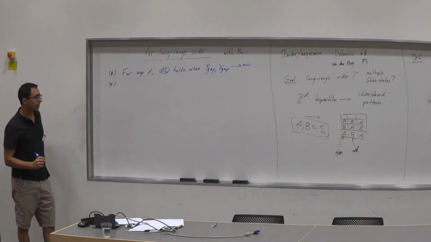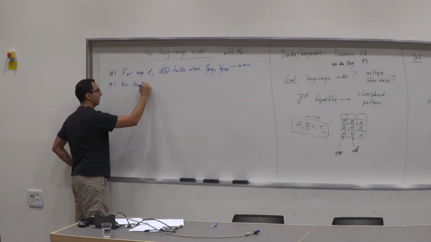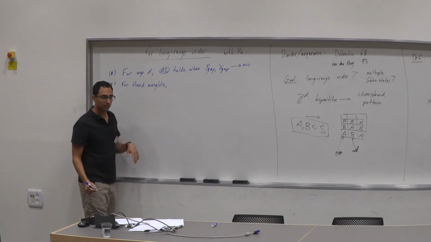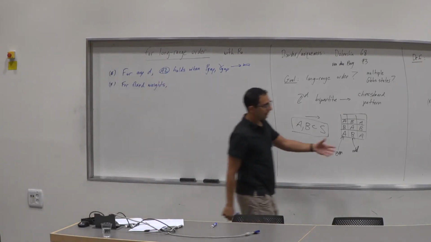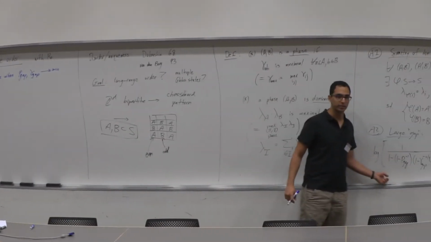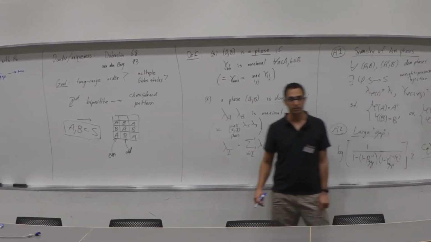The second feature which I'd like to point out is that for fixed weights, that is for fixed lambda I and gamma ij, the left-hand side is some positive constant, since we said that p gap and gamma gap are strictly greater than 1. This is some positive number, and when d tends to infinity, this goes to 0.